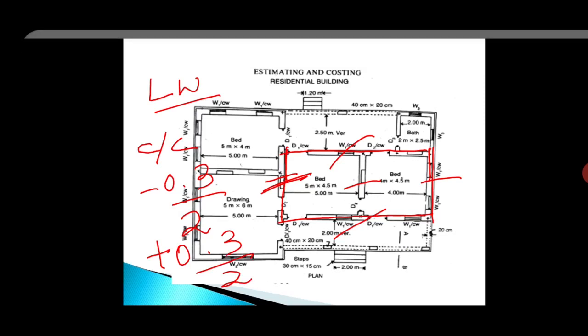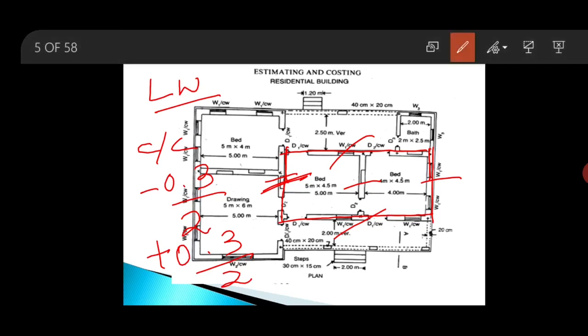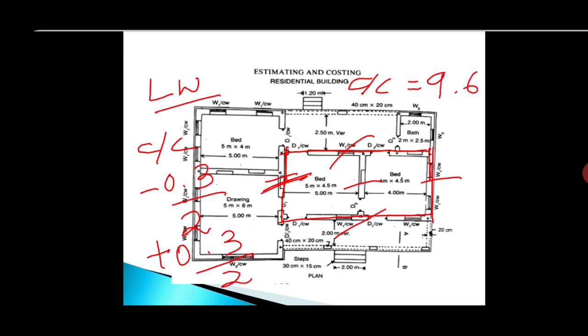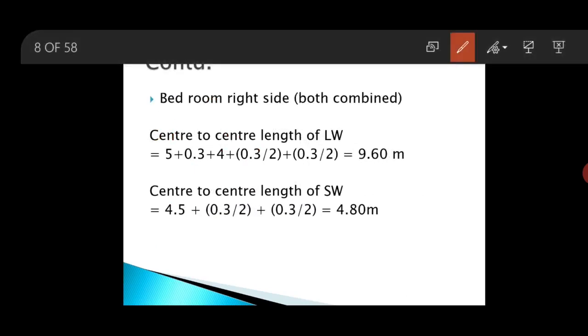And here for this second part, the center to center length of long wall is 9.6. Okay. For the second part, this is the center to center length of long wall and the center to center length of short wall, that is 4.8 meter.